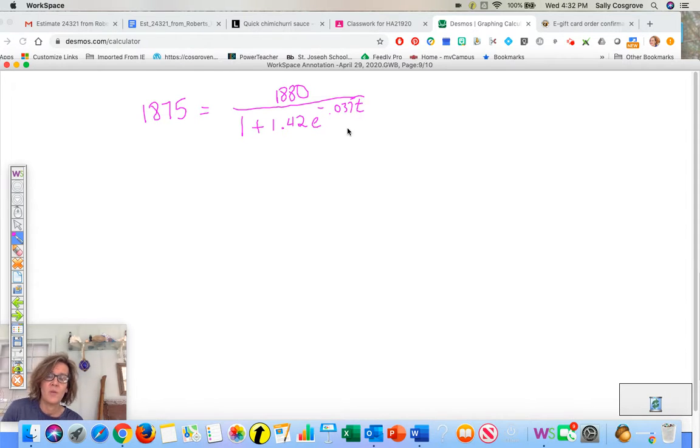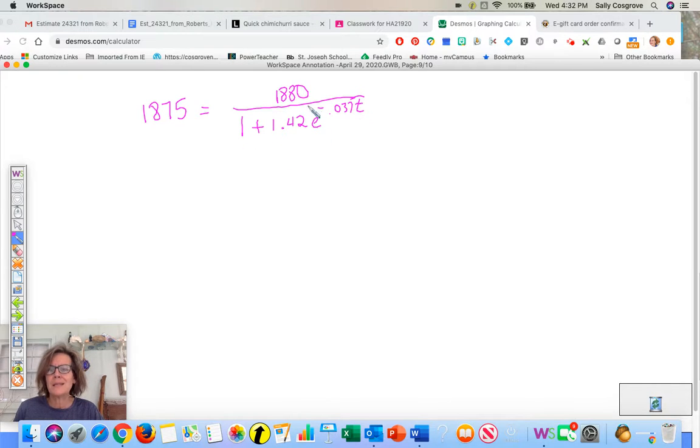And there's my variable. My variable is in the exponent spot, so at some point I'm going to have to use a log to get the variable out of the exponent. But we can't take the log yet because we have more going on over here, not just an exponent.